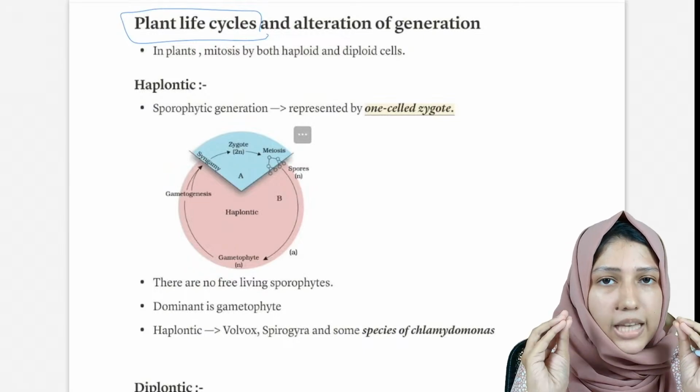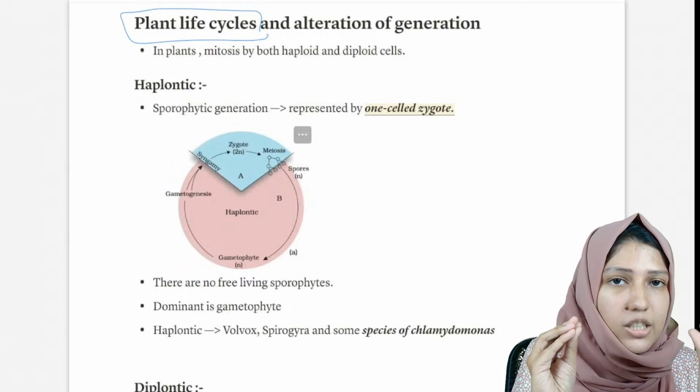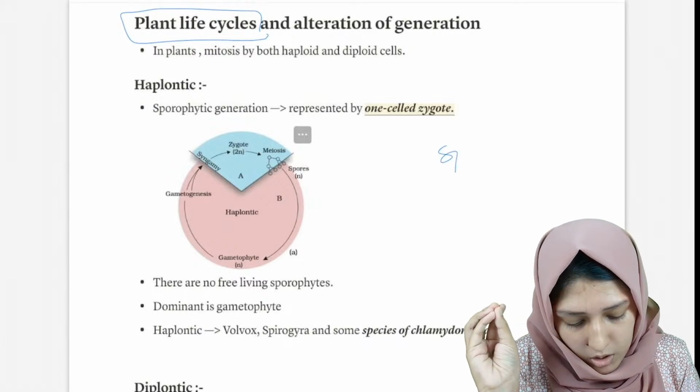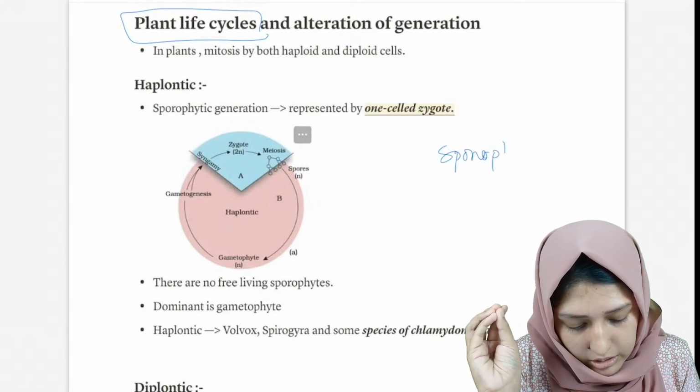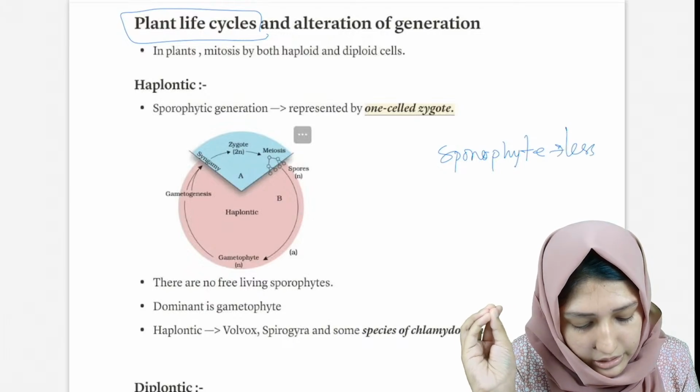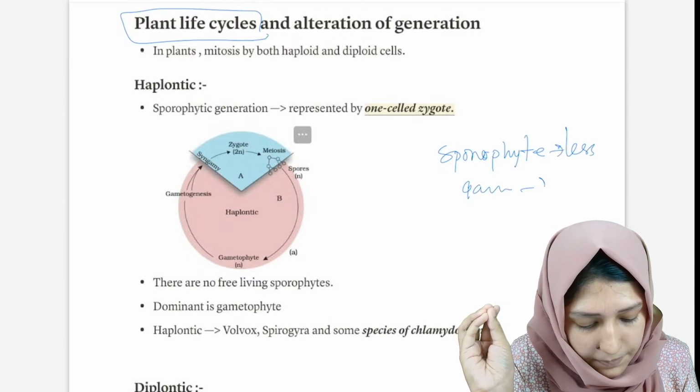In haplontic, the sporophyte stage is small, which means it's very less, and the gametophyte stage is more. Then it is known as haplontic.